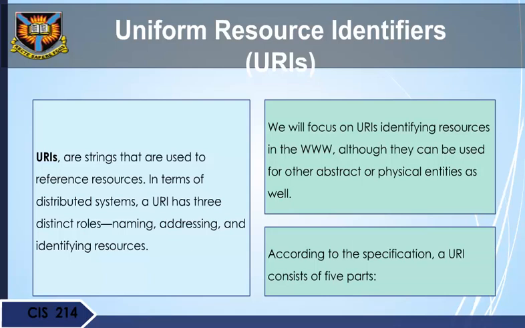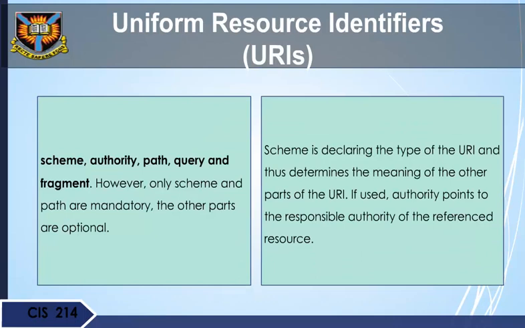We will focus on URIs identifying resources in the WWW, although they can be used for other abstract or physical entities as well. According to the specification, a URI consists of 5 parts: scheme, authority, path, query, and fragment. However, only scheme and path are mandatory. The other parts are optional.